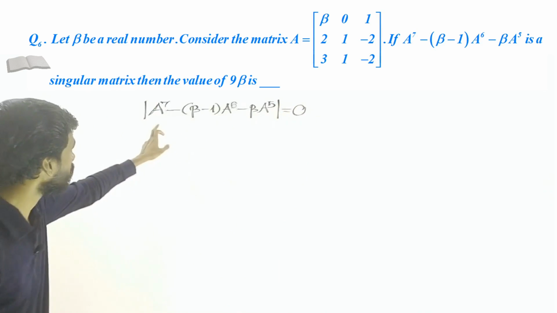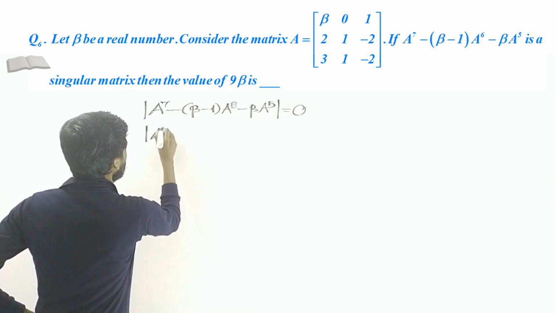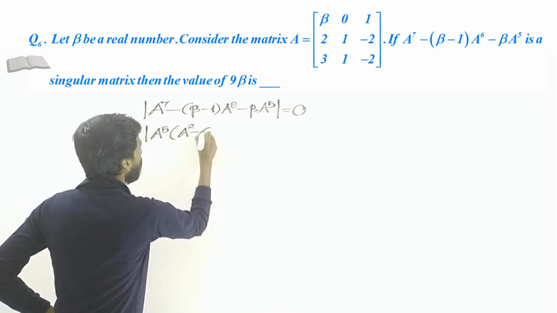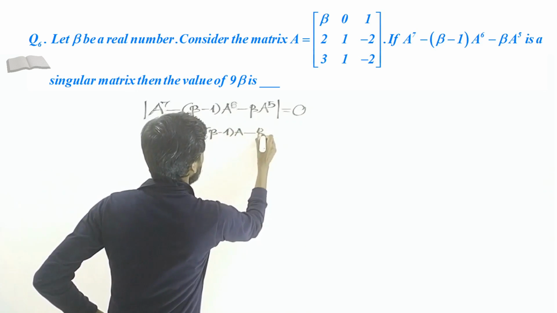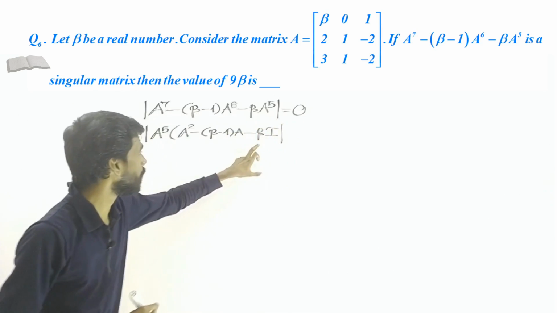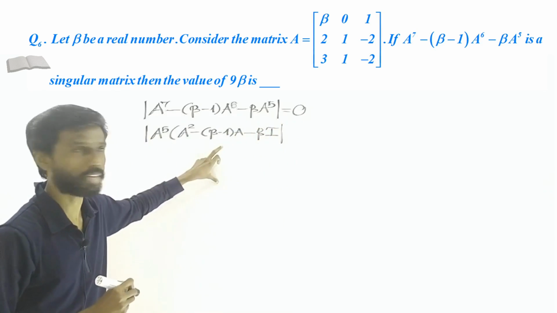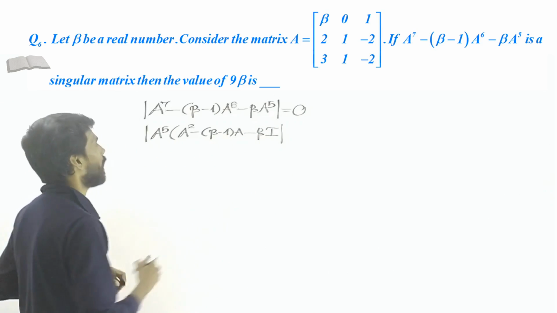Now we can simplify this. We can take out the common factor, that is A to the power 5, so we get A square minus of beta minus 1 A minus beta I, not just beta, because we can't subtract a scalar from a matrix, right? So beta I. Now this is like a quadratic expression, so that can be factorized.